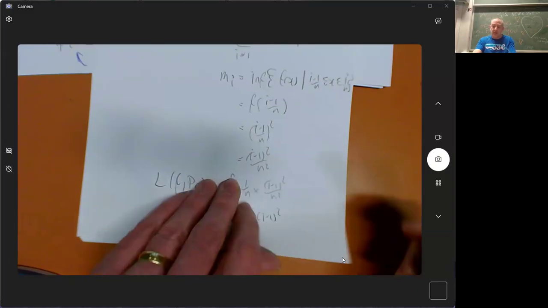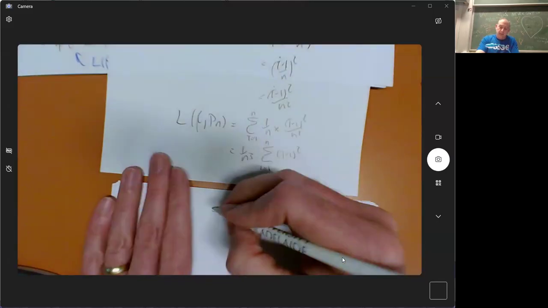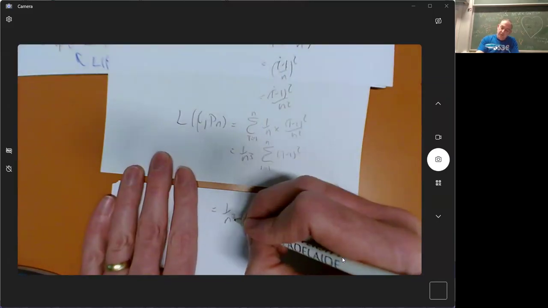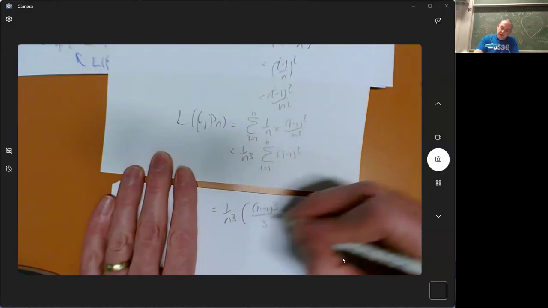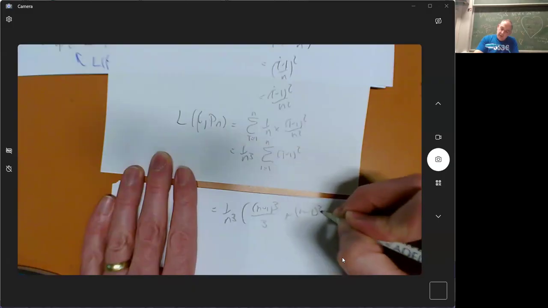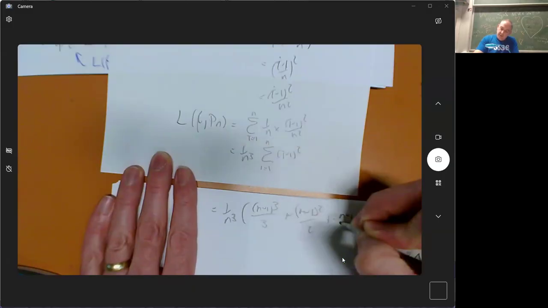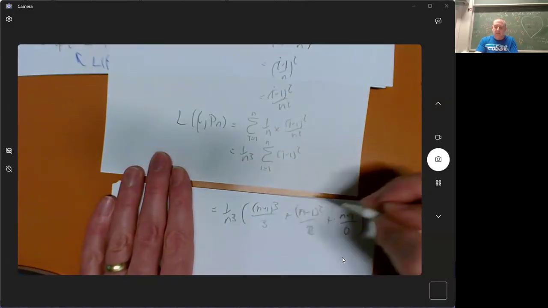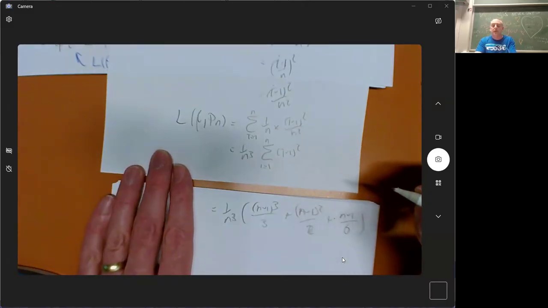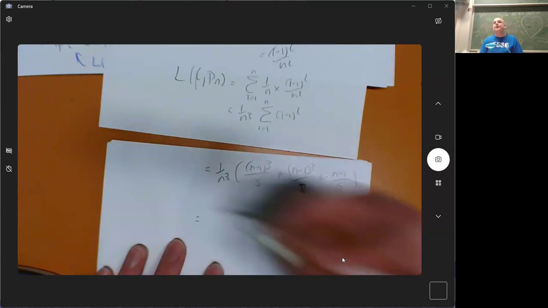And so this will be 1 on n cubed of n minus 1 cubed on 3 plus n minus 1 squared on 2 plus n minus 1 on 6. That is much less fun. But that's okay. We can do it.